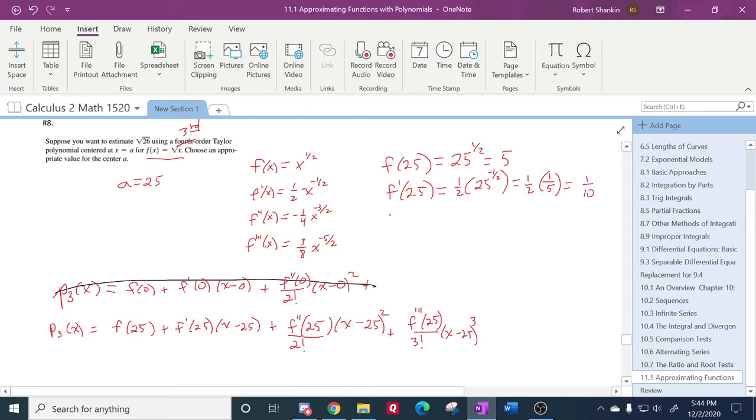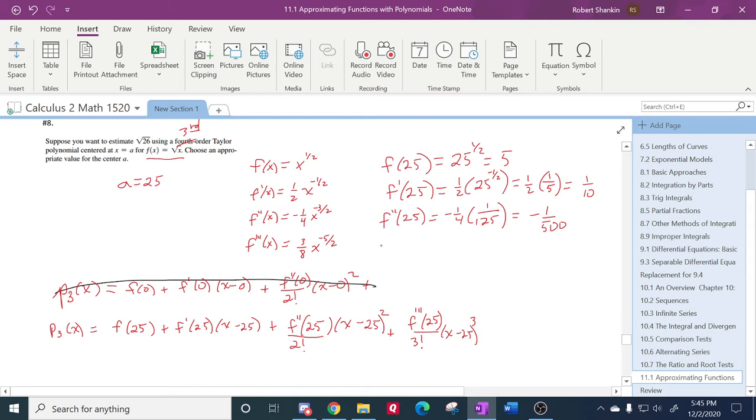Okay, f double prime of 25 is negative 1/4 times 25 to the negative 3/2. Negative exponent throws it in the denominator. The half is the square root of 25. 25 cubed, or 5 cubed, is 125. 1 over 4 times 125 is 1 over 500.